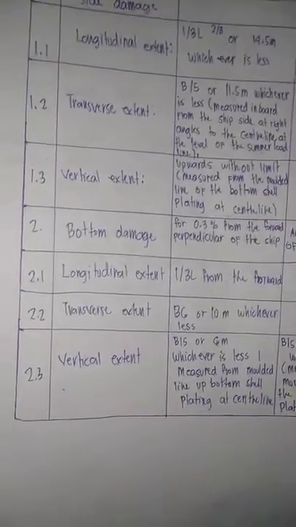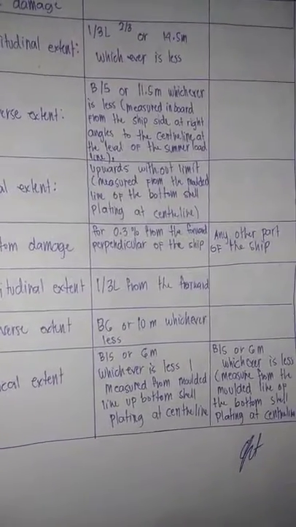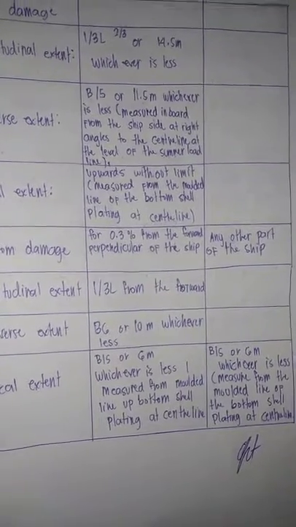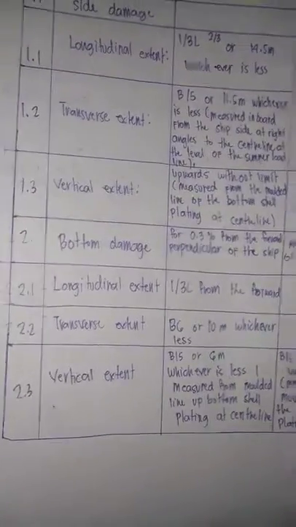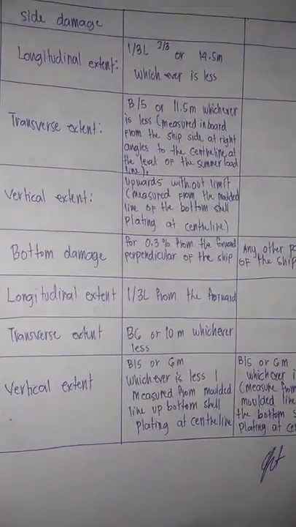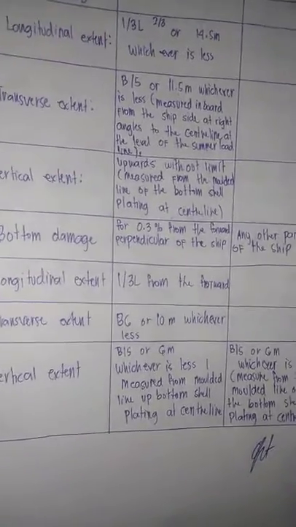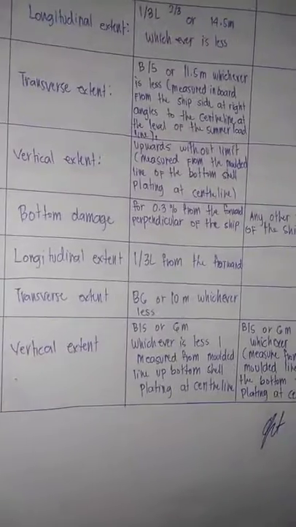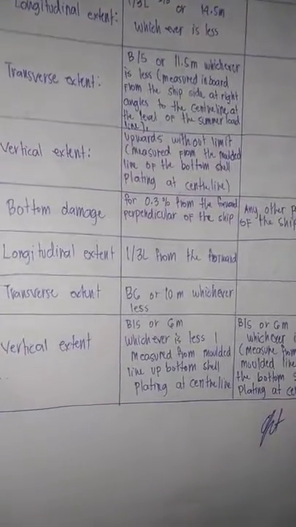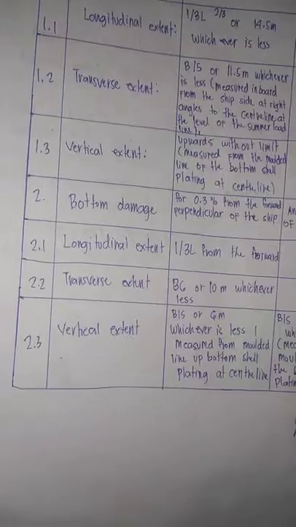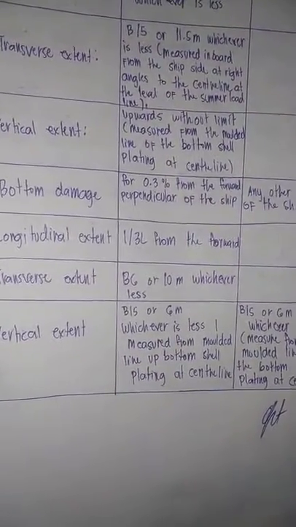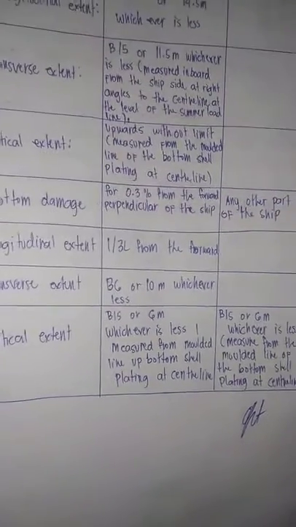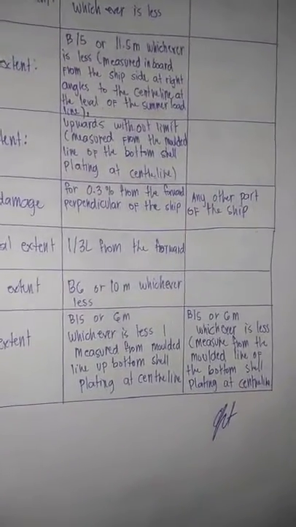2. Bottom damage. For 0.3 L from the forward perpendicular of the ship, and any other part of the ship: 2.1 Longitudinal extent: 1/3 L^(2/3) from the forward. 2.2 Transverse extent: B/6 or 10 m, whichever is less. 2.3 Vertical extent: B/20 or 2 m, whichever is less, measured from the moulded line of the bottom shell plating at the centerline.